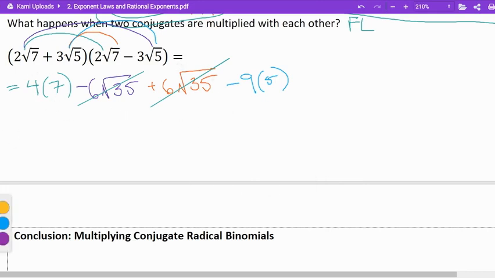So the only ones we had to do is the first two terms and the last two terms. And that, watch here, 4 times 7 is 28. 9 times 5 is minus 45. Negative 13.